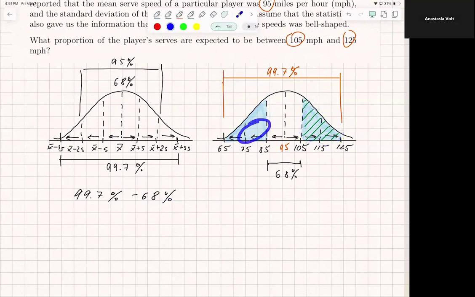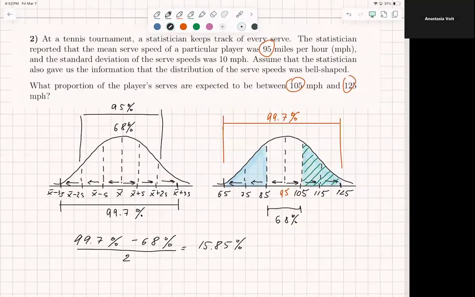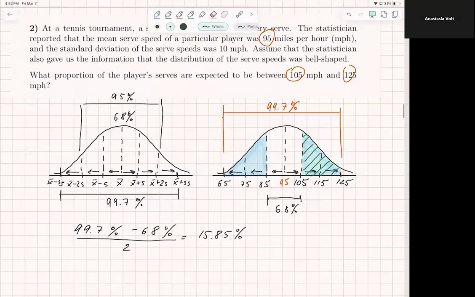It's either this one or this one. It doesn't really matter because they will be the same, right? So we can divide by 2 and we get 15.85%. Okay, so the answer to the question is that 15.85% of the players' serves are expected to be between 105 and 125 miles per hour. Okay, so this is the solution for this problem.